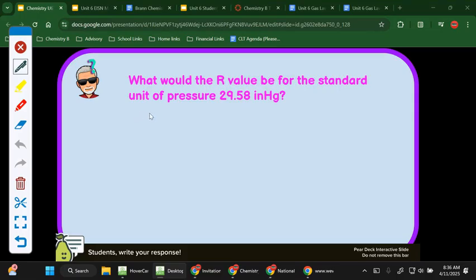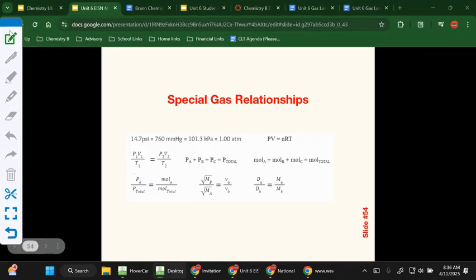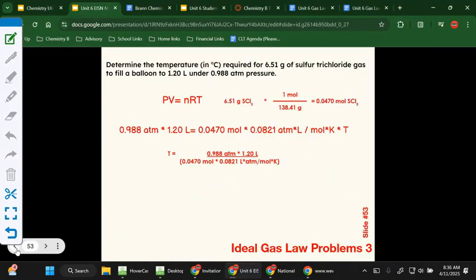Go into your notes under ideal gas laws, Ethan. Tell me what the formula is. Tell me what the formula is, Ethan.